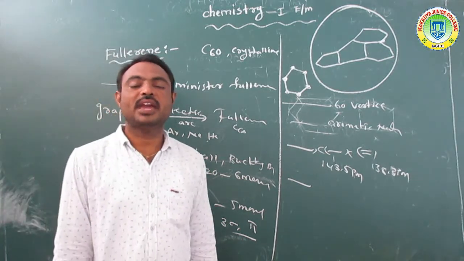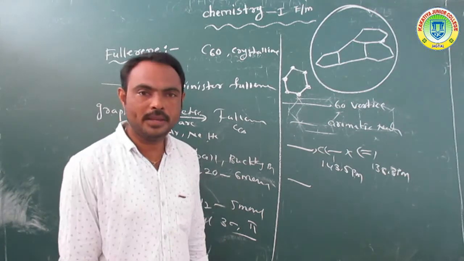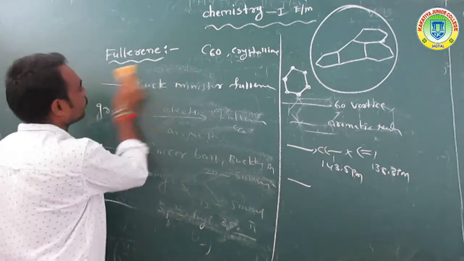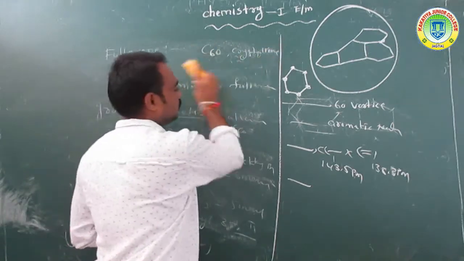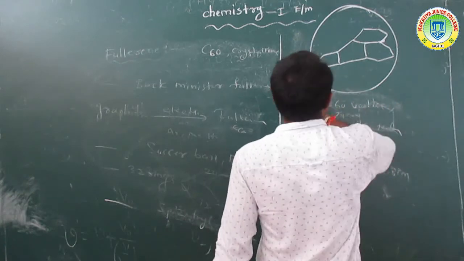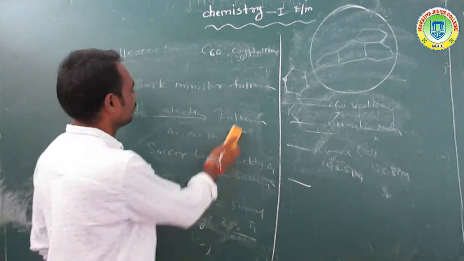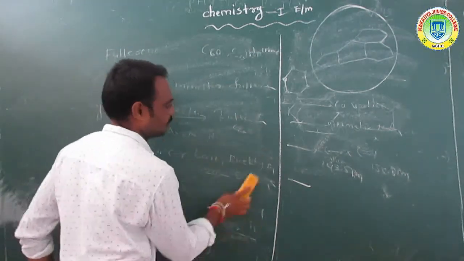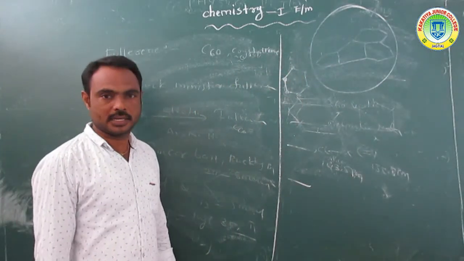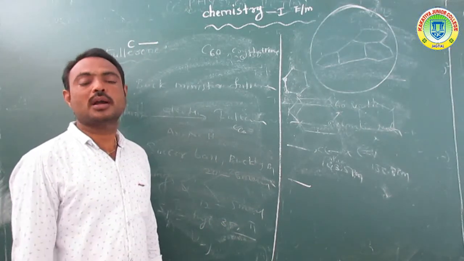Next, further we will discuss carbon oxides. So what is the carbon oxide? Overall, carbon forms mainly two oxides.